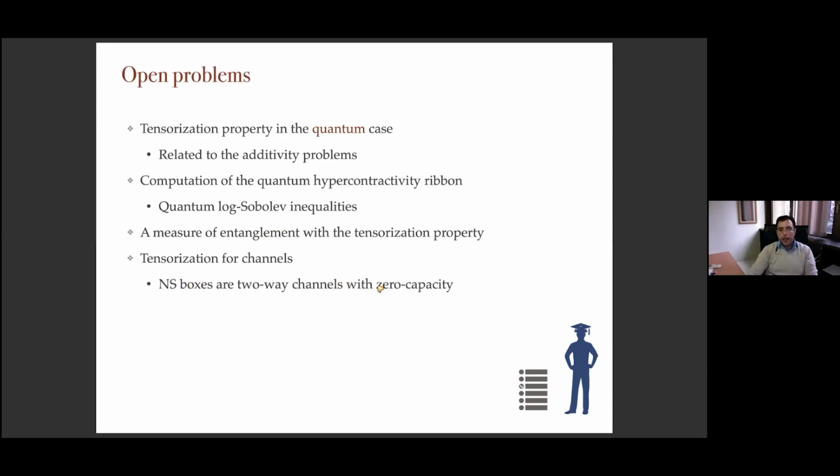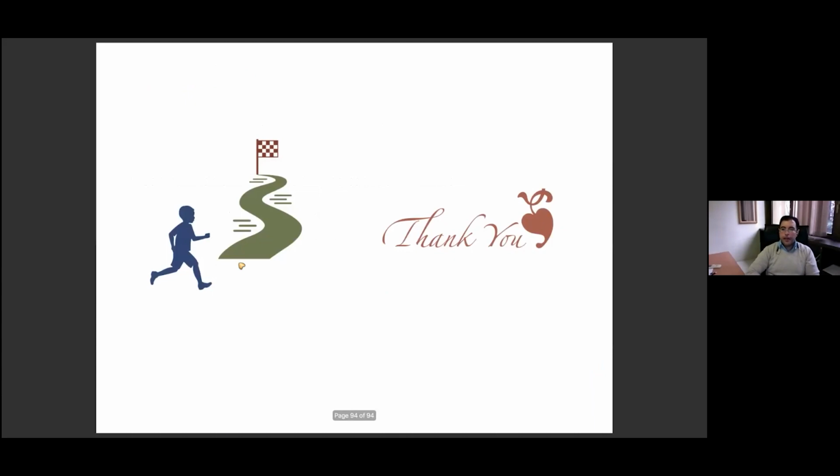And the no-signaling condition means that the capacity of those channels is zero as two-way channels. The question is, can we have such measures of correlation, in particular for quantum channels? In that case, we can solve the problem of simulation of zero capacity quantum channels. Okay, by this I'm done, and thank you very much.